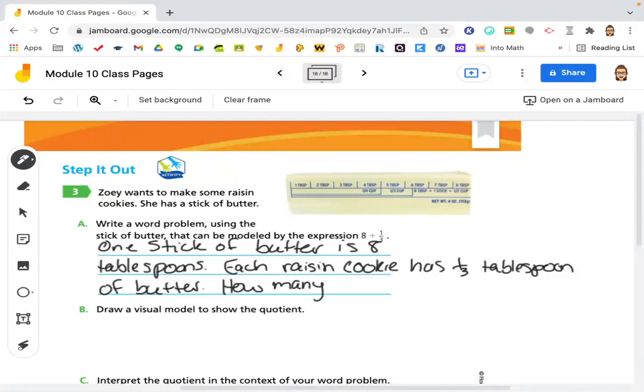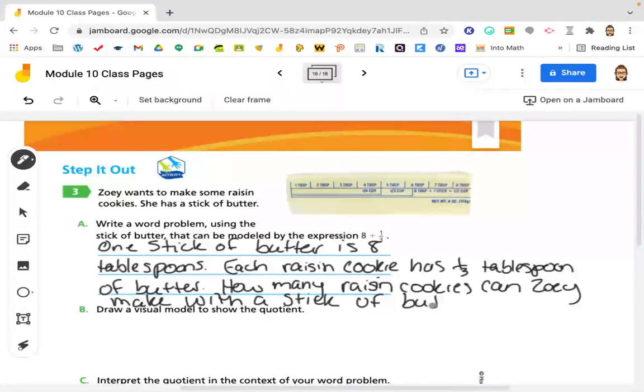How many raisin cookies can Zoe make with a stick of butter?